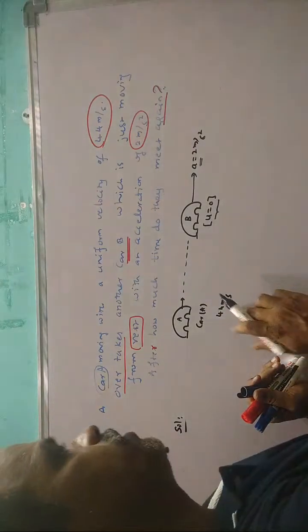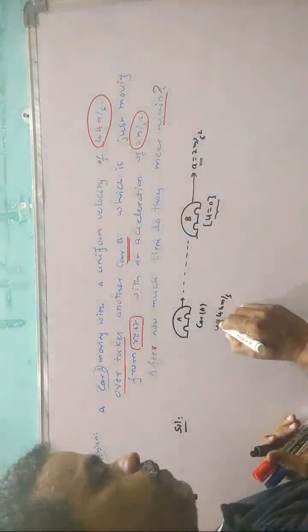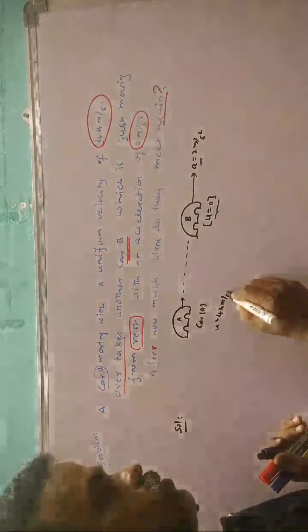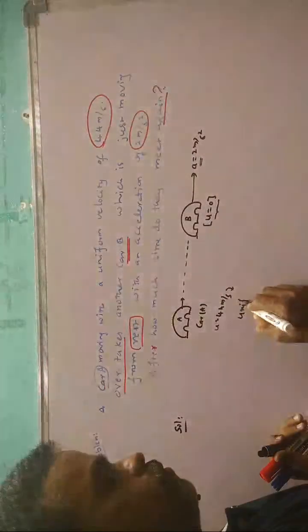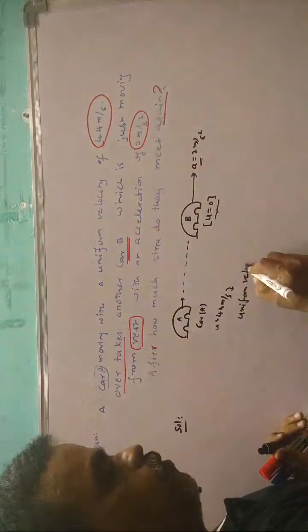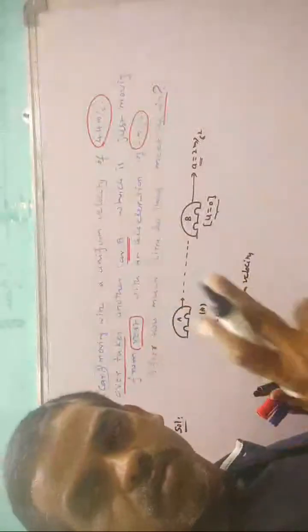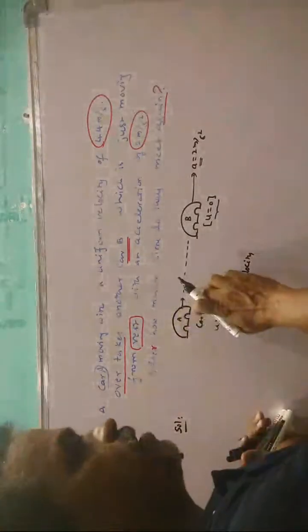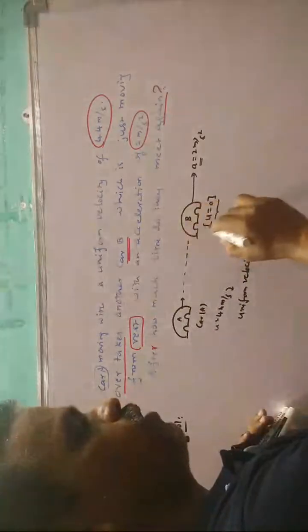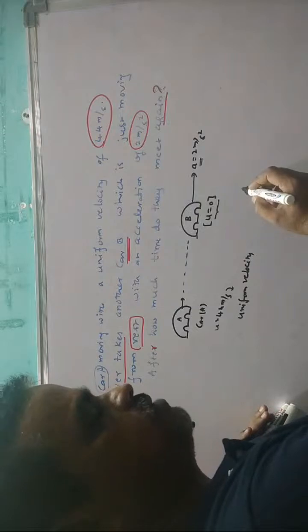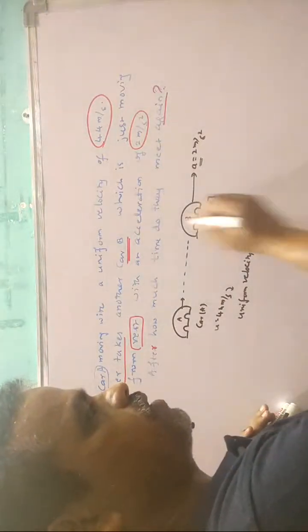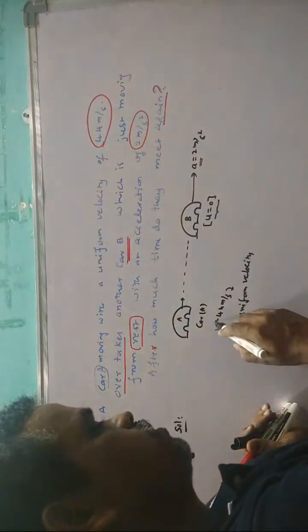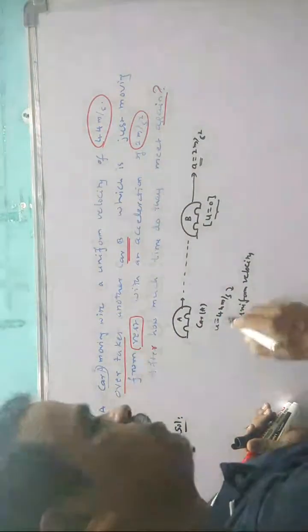Car A is moving with uniform velocity. So we have here two cars. One is car A, one is car B. Car B is moving with 2 meter per second square acceleration. It started from rest. So car B started, it is moving with uniform acceleration.